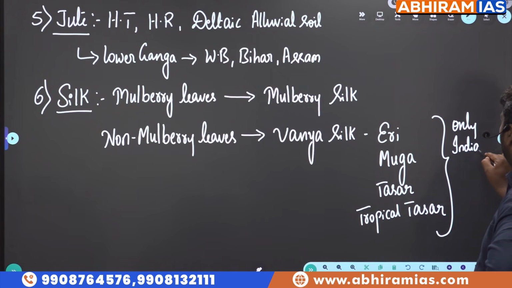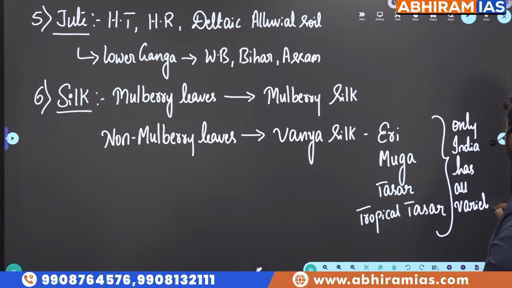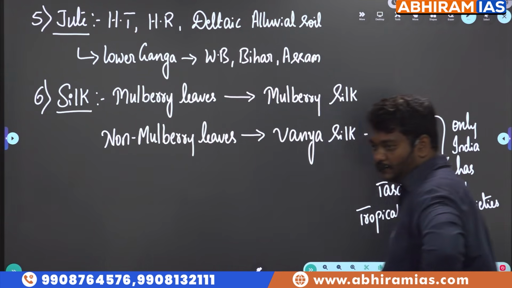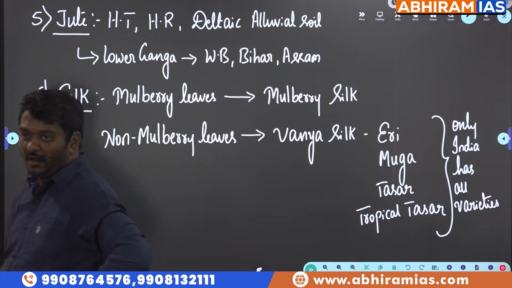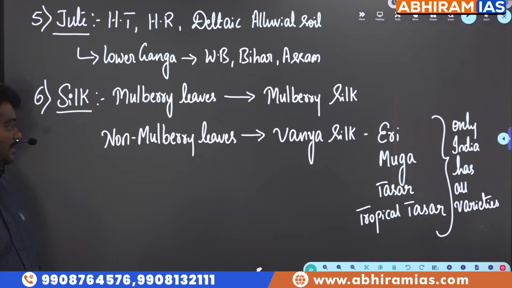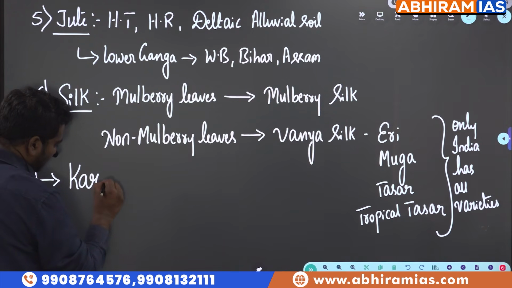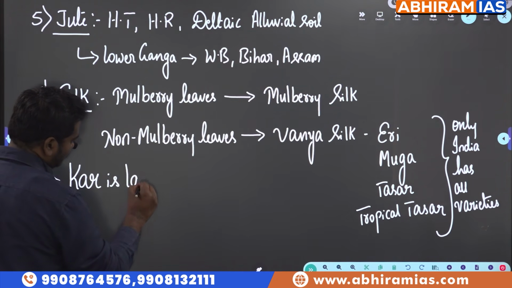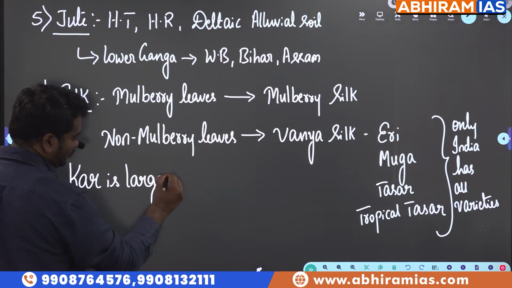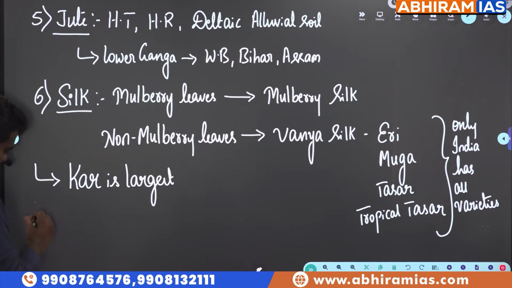Only India has all varieties. Okay. All varieties of silk are there only in India. Karnataka is the largest. Important.